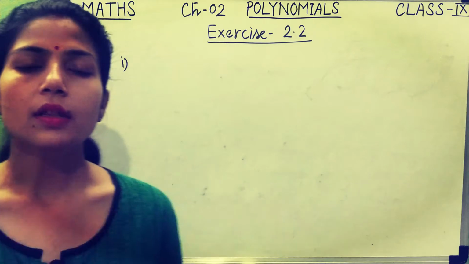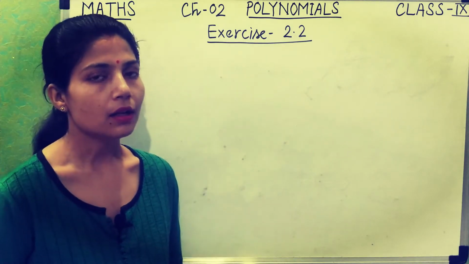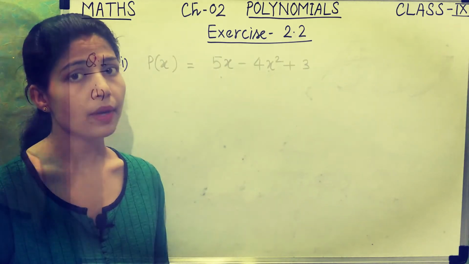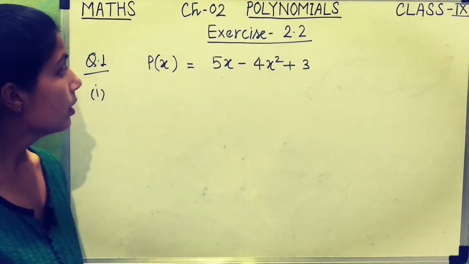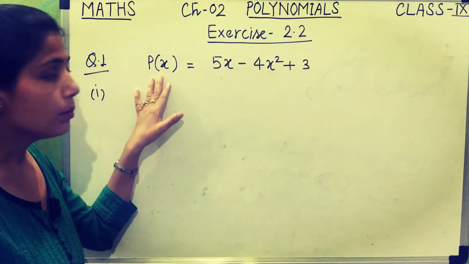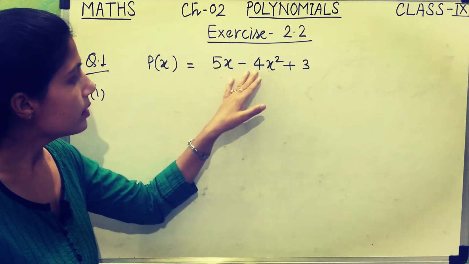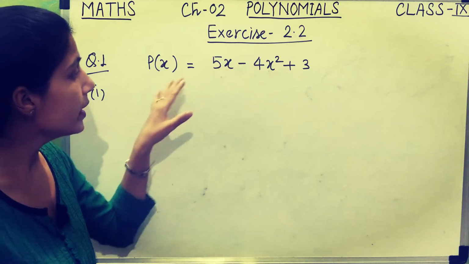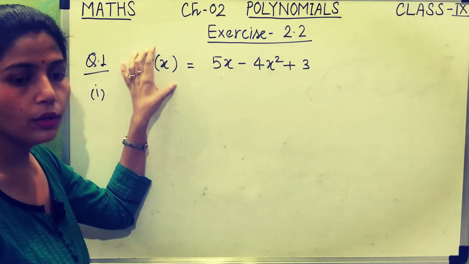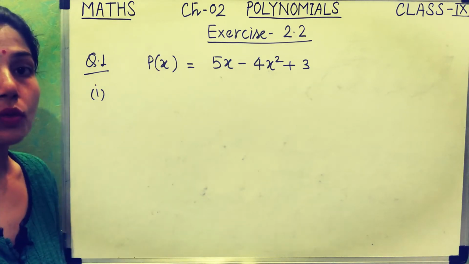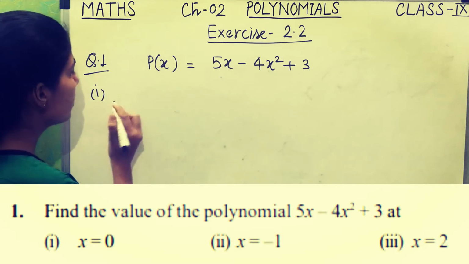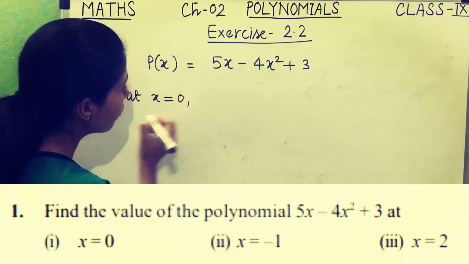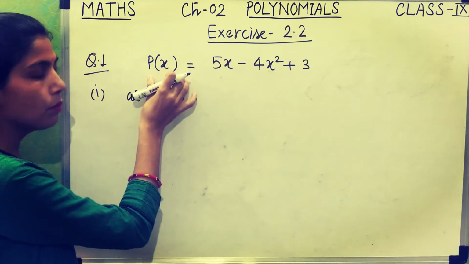In this question you have to find the value of the polynomial at given different values of the variable. The first part is at x equals 0, you have to find the value of the polynomial.